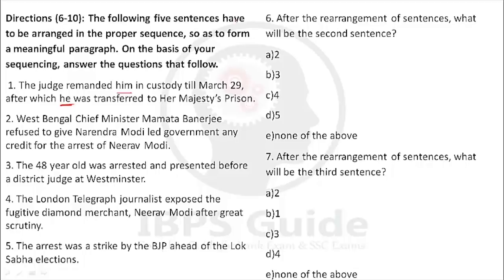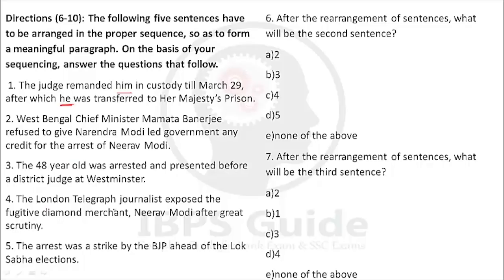Let's move to sentence number 3. The 48-year-old was arrested and presented before a district judge at Westminster. It is not possible, because this sentence does not mention who is 48 years old. So it will not be our first sentence.